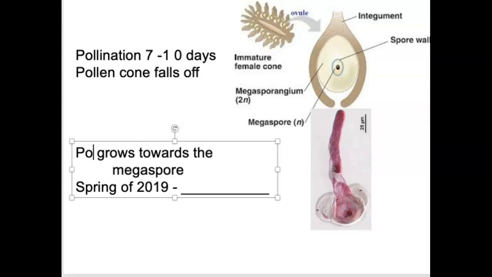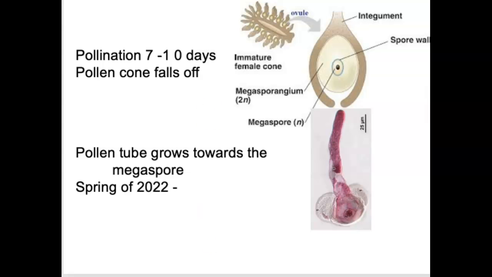And what will happen is this thing called the pollen tube will grow towards the megaspore, the egg cell. That's the structure here. So here's your pollen, and pollen actually looks like Mickey Mouse. There's the two big ears.